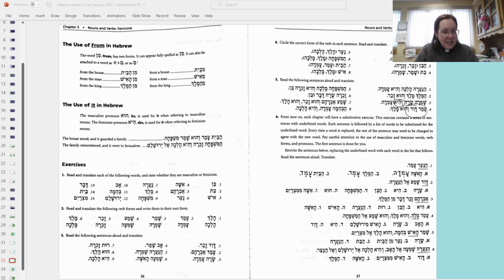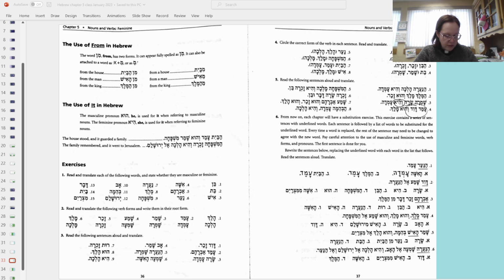And that's a place again. Mitzrayim is Egypt, and places are always feminine nouns. That's right. Very good.